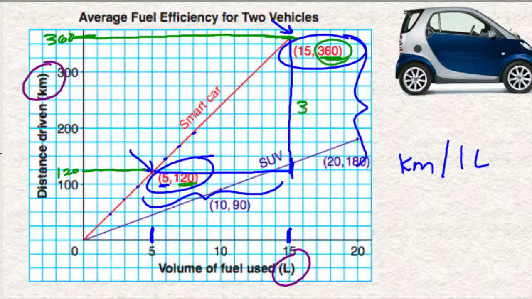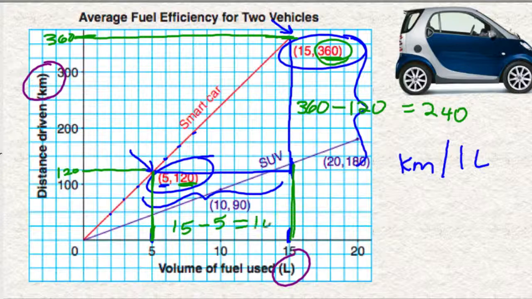I would take 360 and subtract 120, and that gives me 240. Okay, that's my rise. My run goes from 5 up to 15. So my run, 15 minus 5 is 10. So rise over run is 240 over 10.